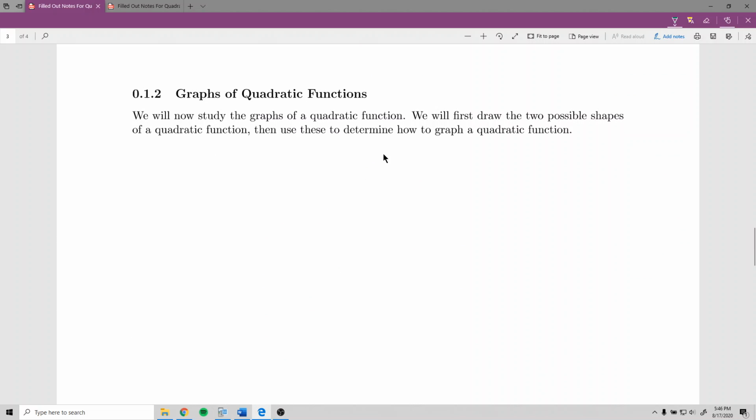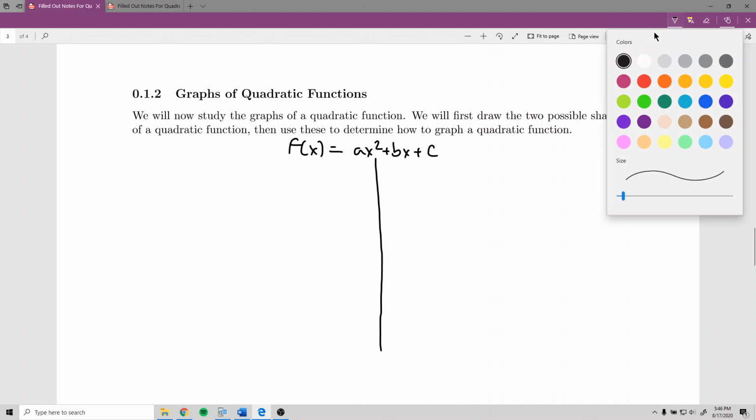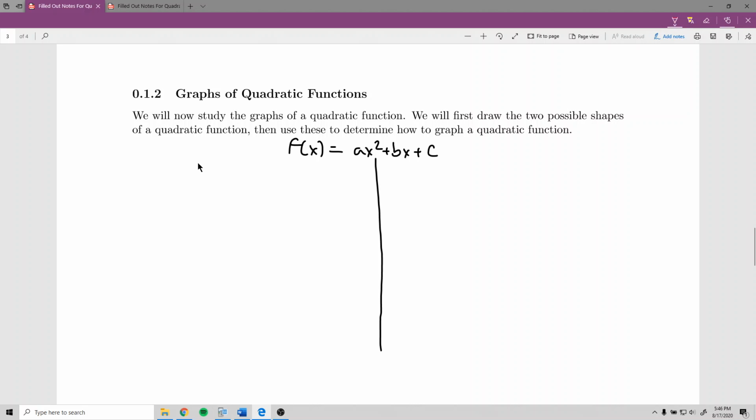All right, so the next thing is, what do the graphs of quadratic functions look like? There's really two possible shapes. They ultimately have the same shape, but one's just the other one flipped. I'll go ahead and write down f of x equals ax squared plus bx plus c. And there are two examples.